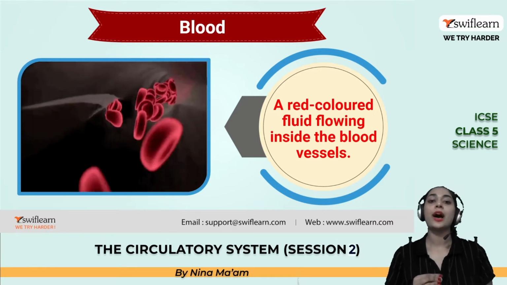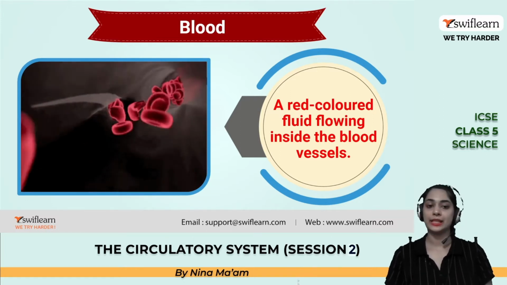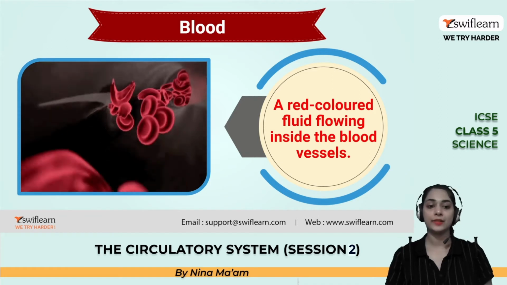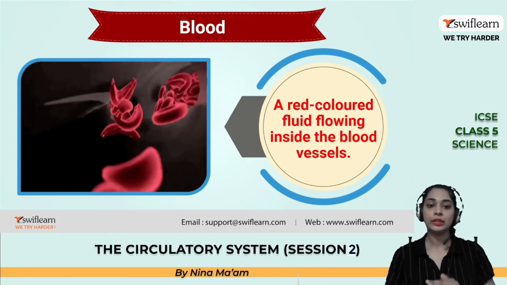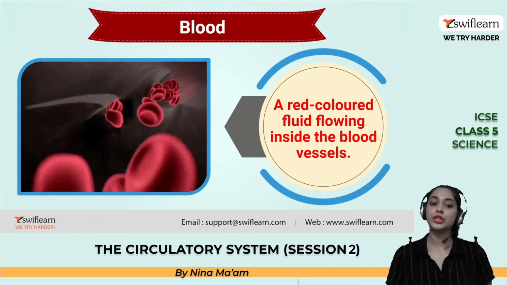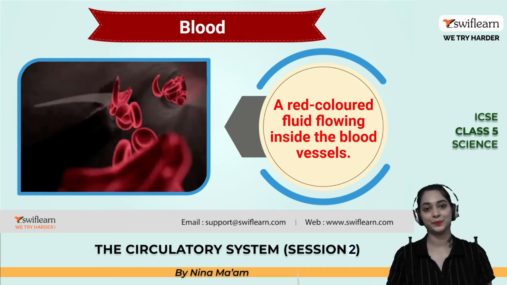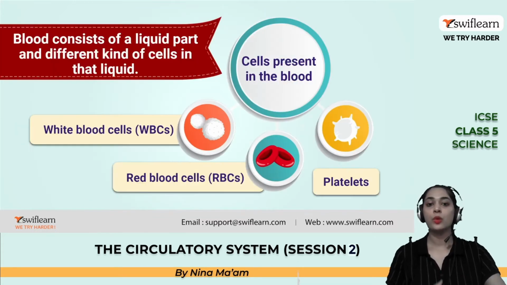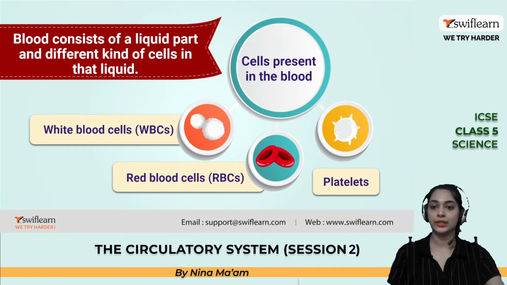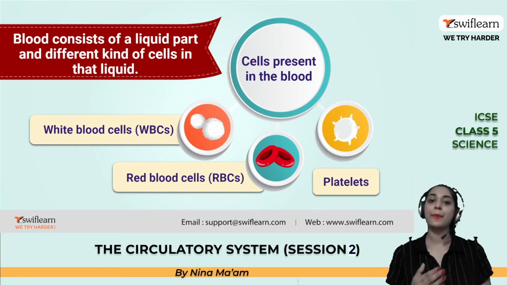So what are RBCs, the red blood cells? The red blood cells deliver oxygen from your lungs to your tissues and organs. So why is blood important? Blood brings oxygen and nutrients to all the parts of the body so they can keep working.